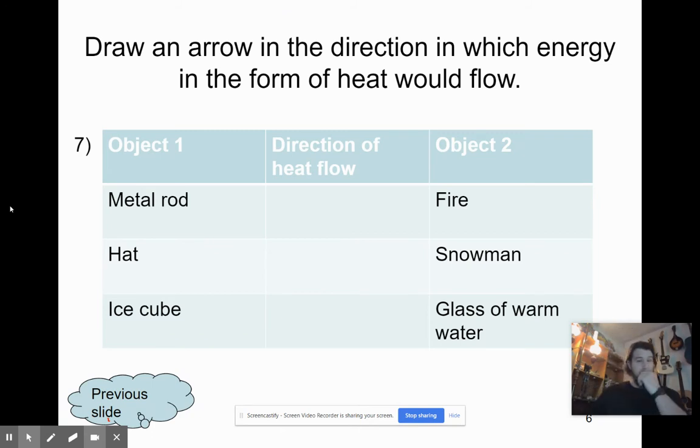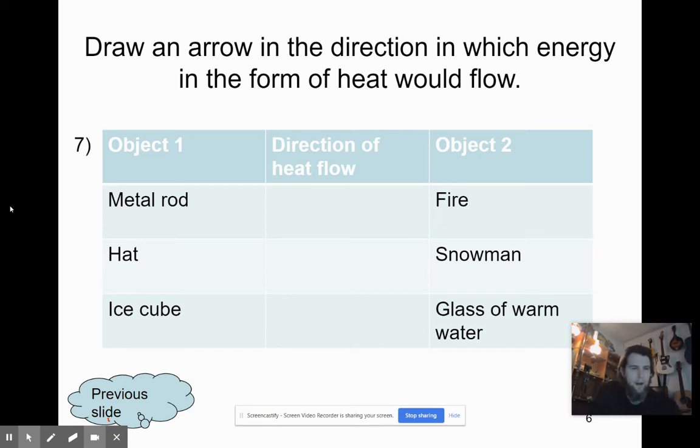All right. So we're obviously not in class, so we don't have to worry about drawing arrows in the direction. But if we're just talking about how heat would flow, knowing what we know now, if we had a metal rod and we put a flame to it, the flame is going to be much hotter than the rod initially, and so the direction of heat would be flowing from the fire into the rod.